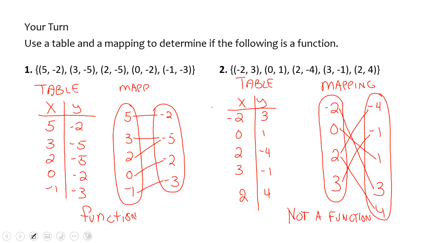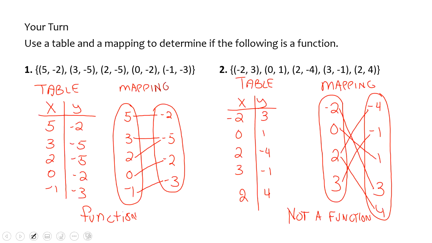Okay, so here we go. When I looked through my table, that should say mapping. So the table on the right, I had a 5 and a -2, a 3 and a -5, 2 and a -5, a 0 and a -2, and a -1 and a -3. So my table looks good because each x value is listed there once.